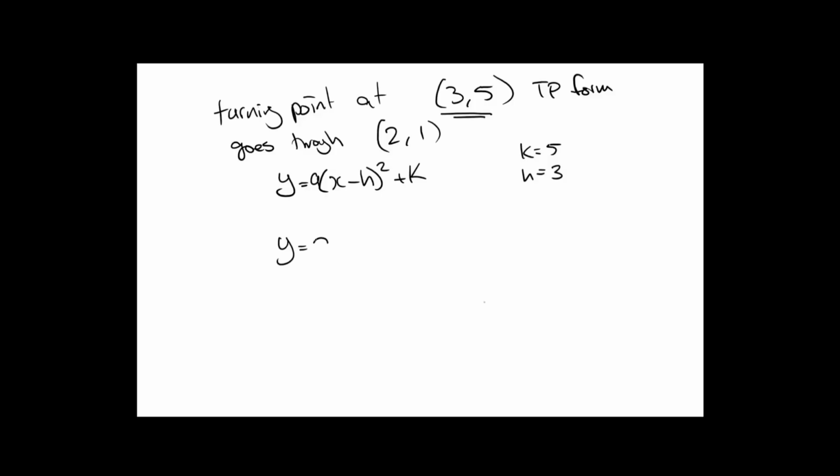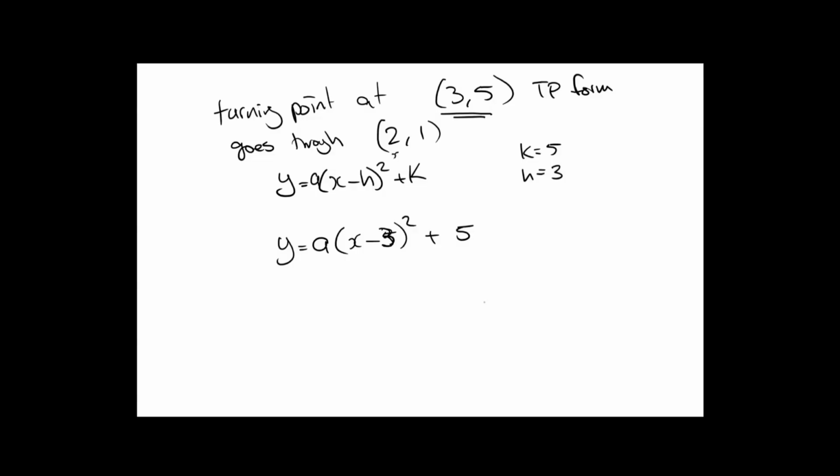So y is going to be equal to a, (x minus 3) squared plus 5. That's going to be our equation that we're going to work with to find a.